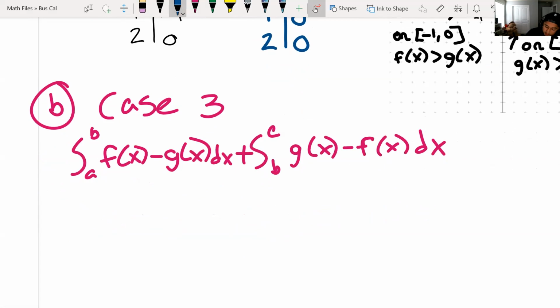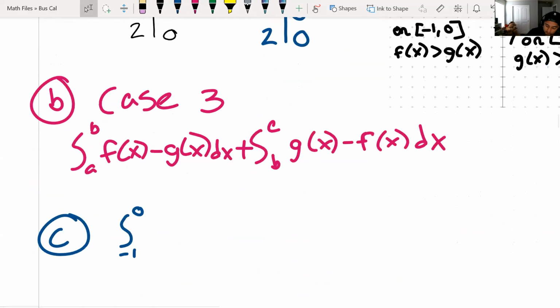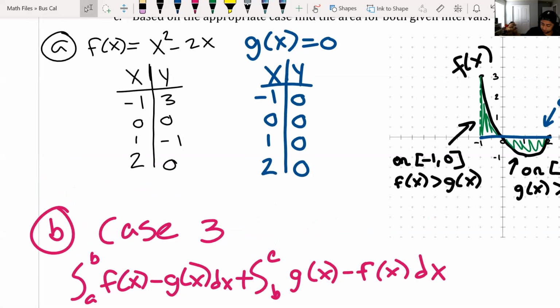So we are going to start step C. The integral from -1 to 0 of f of x, which is x squared minus 2x, minus g of x, where g of x is 0.